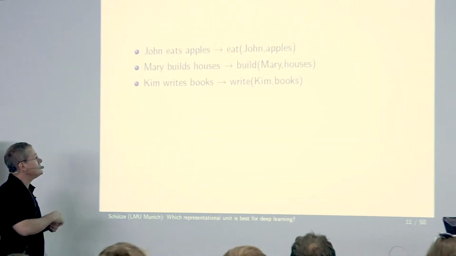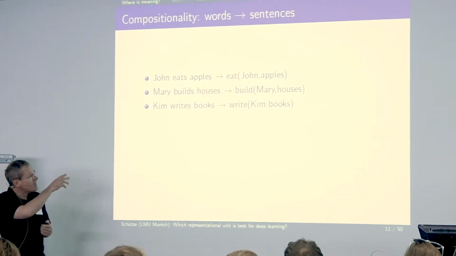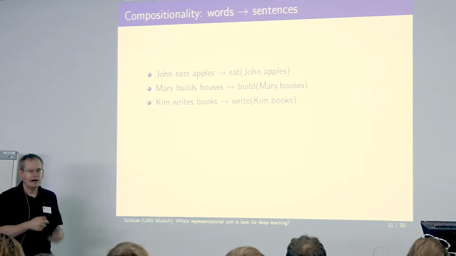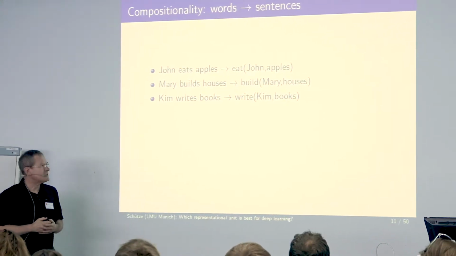Let's look at a couple of examples for those of you who are not familiar with these expressions. Here we have the compositionality from words to sentences. We have three sentences: John eats apples, Mary builds houses, Kim writes books. On the right side, I've shown the meaning in a kind of logic type representation.